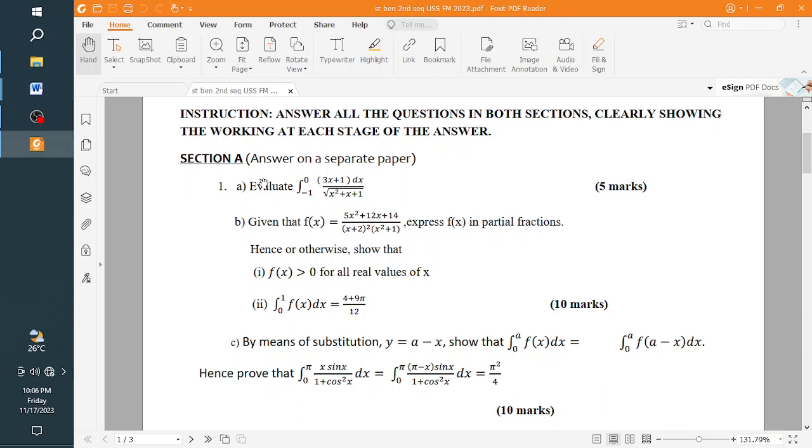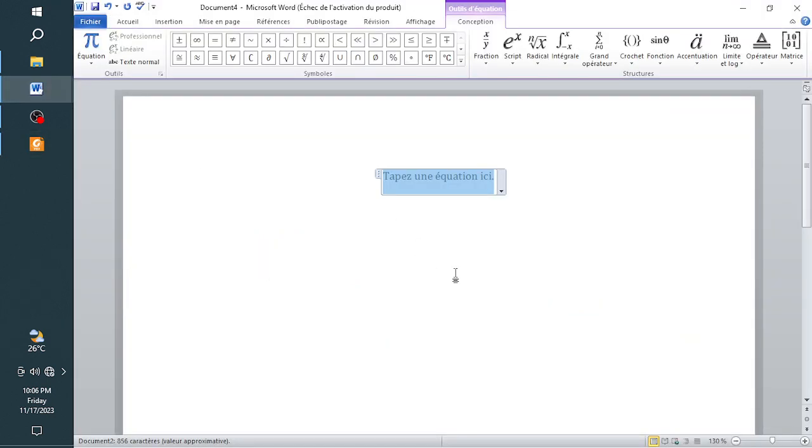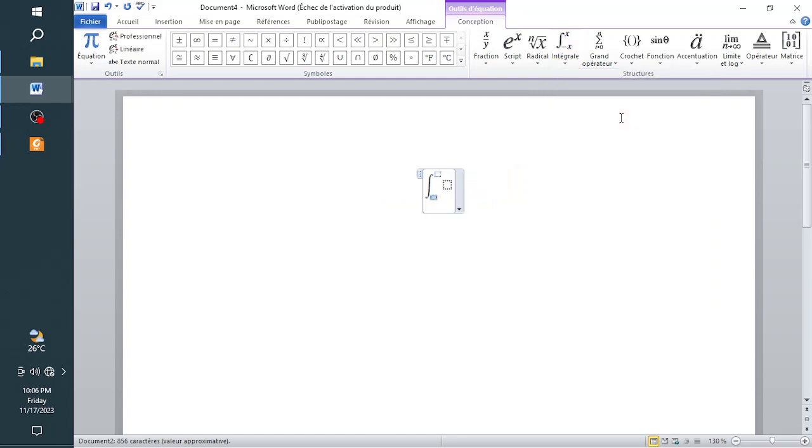Let me see what I can do. We are doing the integral from -1 to 0 of 3x plus 1 divided by the square root of x squared plus x plus 1 dx.